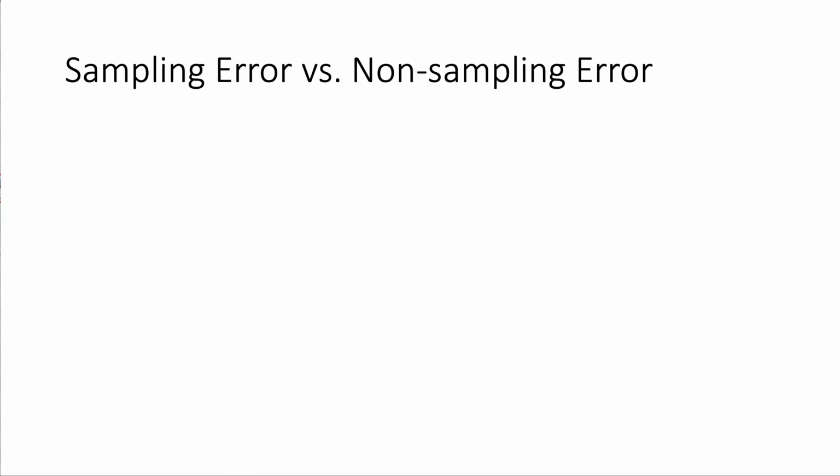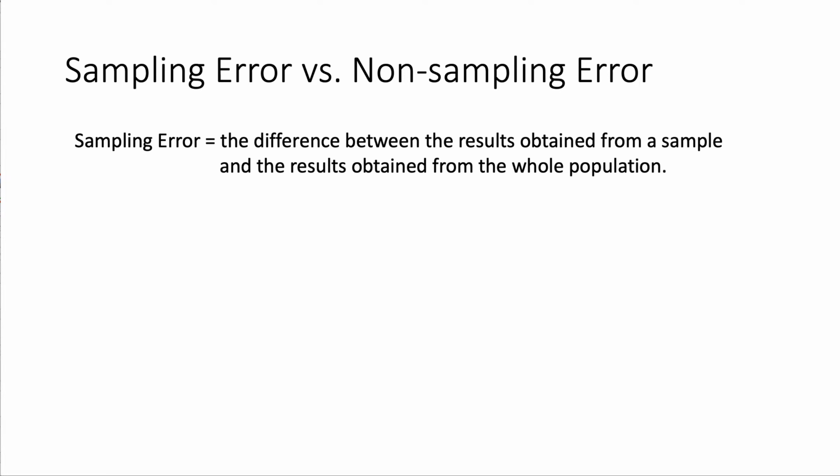Now you might also hear this word sampling error and non-sampling error. This is a little bit complicated, and this is just a super brief introduction here. So basically, sampling error is the difference between reality and what your sample says, okay?